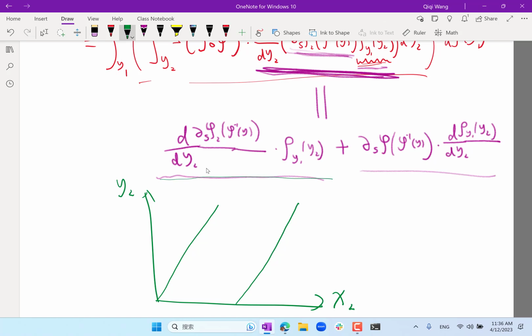The first term is the derivative of the perturbation. So if the perturbation is like that, as we discussed in the last lecture, then the first term represents whether the derivative of the perturbation is positive or negative. In another sense, does the perturbation make the derivative of the map higher or lower?